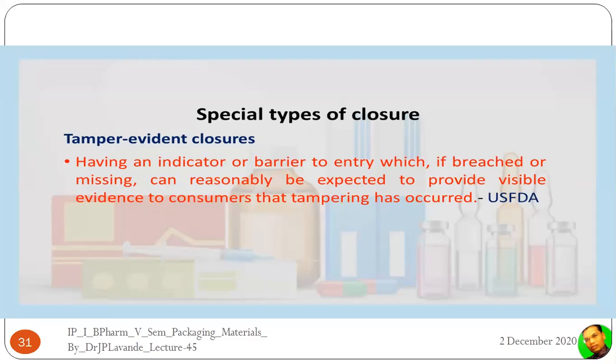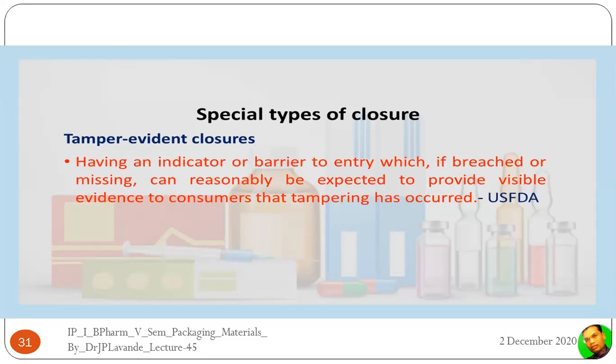Or a barrier system, a barrier to opening, like in the case of most aluminum packaging, or glass bottles. If we go for opening the container, the lower rim that is associated with the upper cap will get completely separated. So that is the barrier system.